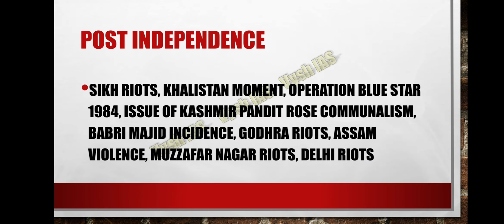Okay. Next one is the Assam violence. We can say the Assam violence is one such incident which started communalism in the northeast region. So why did the Assam violence take place? Because Assam has Bodo people, and it also has Bengali Muslim people.